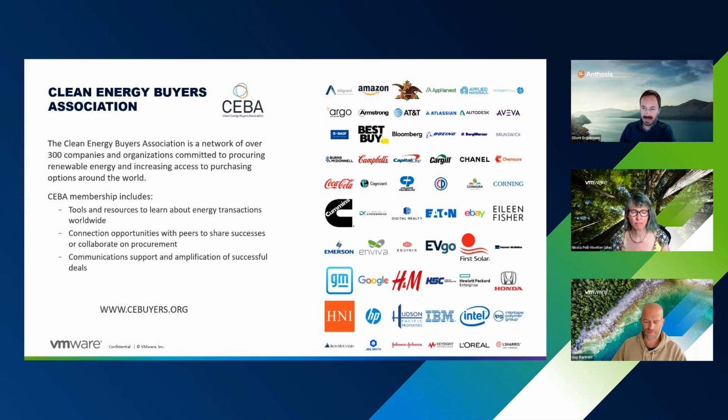SIBA is a fantastic resource for any company setting out on a renewable energy strategy or executing on a renewable energy strategy in their global operations. There are a ton of resources that you can access through SIBA about how to set a goal, what procurement options are available in different markets, what your peers are doing, what some lessons learned are. Like there's tons of case studies that they have.